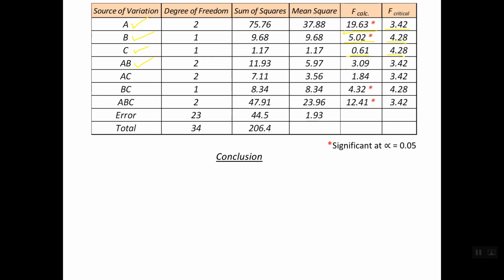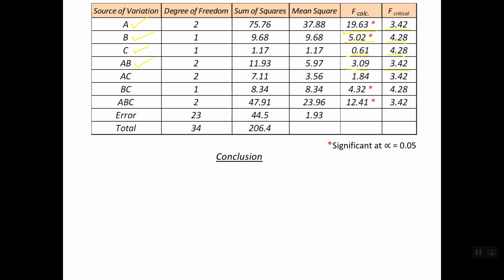For the interaction between A and B, the calculated value of F is less than the critical one, so we don't have here an interaction. So for AB, we accept the null hypothesis.